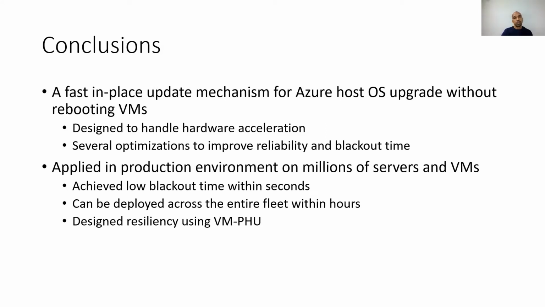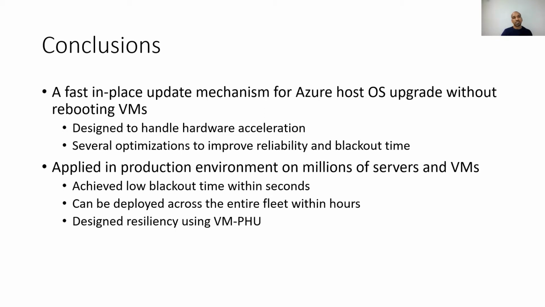In summary, we presented a fast in-place update mechanism for upgrading Azure hosts without rebooting VMs. Our techniques are designed to handle all VM types, including the ones with hardware offloads. We also presented several optimizations to improve reliability and blackout time. We designed our optimizations to account for stragglers to minimize the long tail.